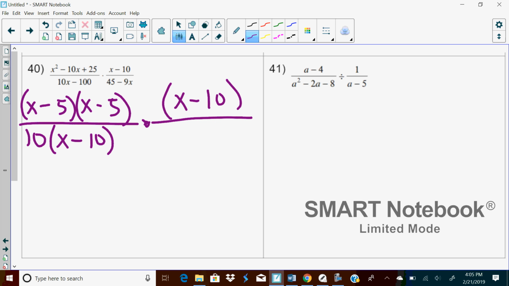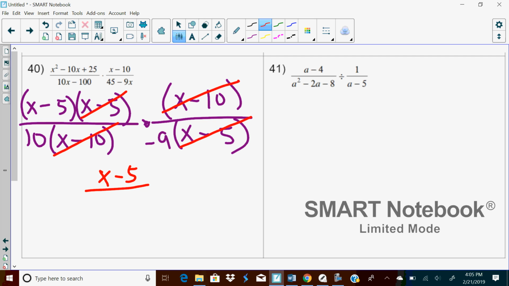So I can actually pull out a negative sign, which is going to make it a positive x minus 5. So then I can simplify x minus 5 and x minus 5, x minus 10 and x minus 10. So I get x minus 5 over negative 90.